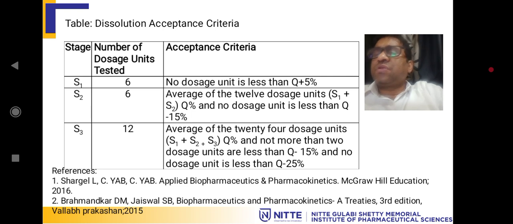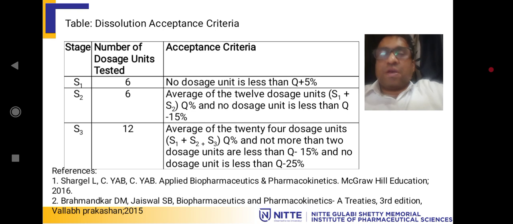S1, S2, S3 acceptance criteria: S1 is 6 dosage units, each Q plus 5; S2 is 12 units, average of 12 at least Q, none below Q minus 15; S3 is 24 units, average at least Q, not more than 2 below Q minus 15.